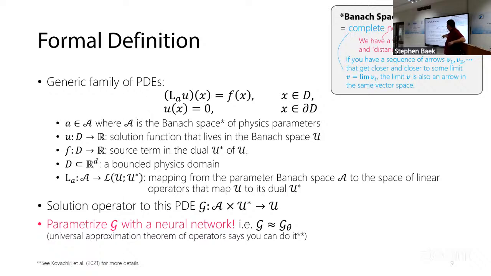So A is a space of parameters, so things like the Reynolds number. Well, the Reynolds number is not a good example because that's usually constant everywhere. Things like density, right.